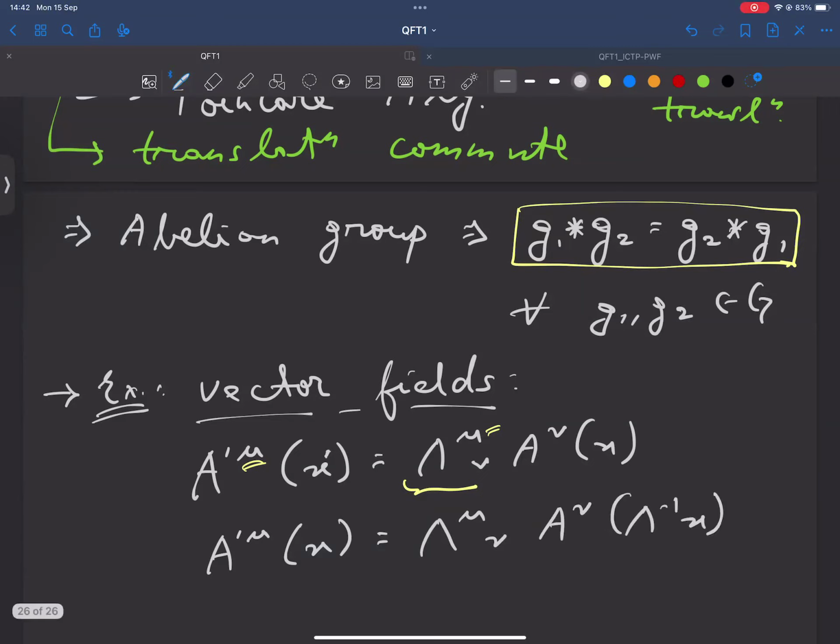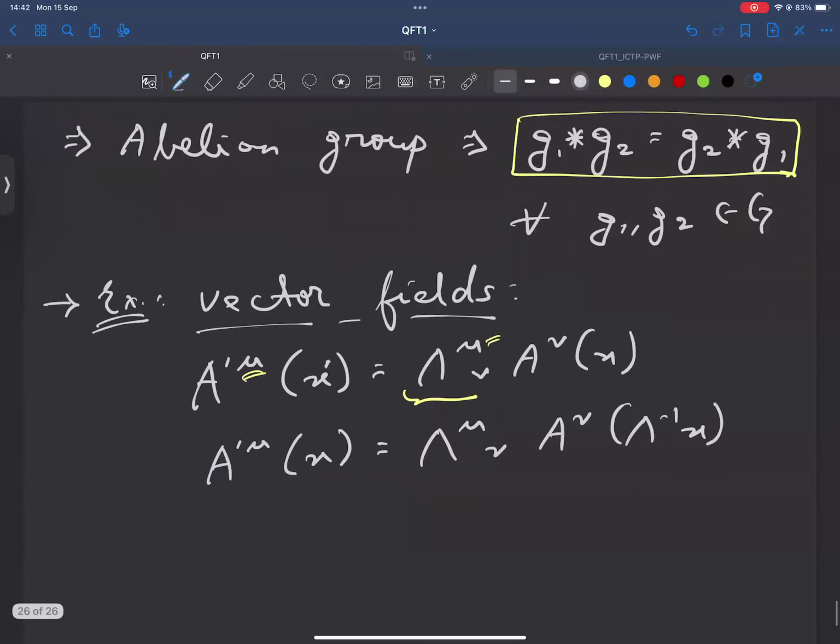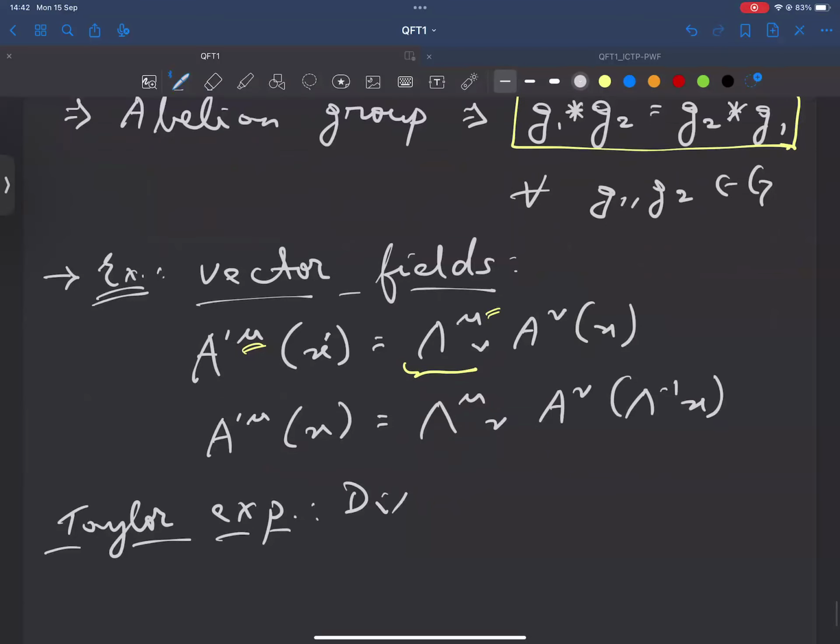Okay, if you just look at one point in x, then it behaves like this. So because of this, now you can again do Taylor expansion like we used to do, and identify the differential operator, and the differential operator that generates a Lorentz transformation on vector fields is this.